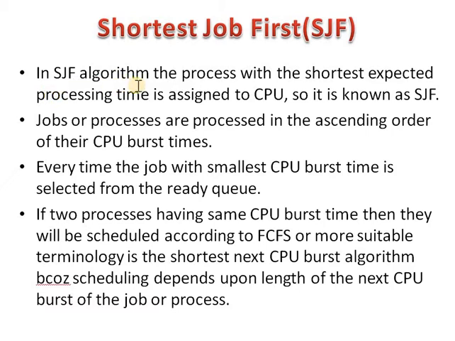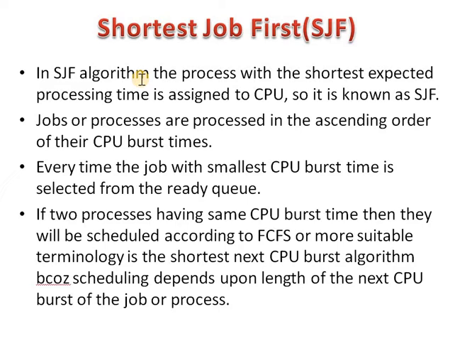In the SJF algorithm, the process with the shortest expected processing time is assigned to the CPU, so it is known as the SJF algorithm. SJF stands for shortest job first.